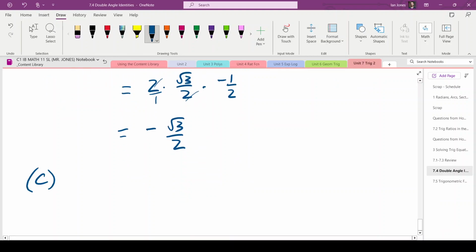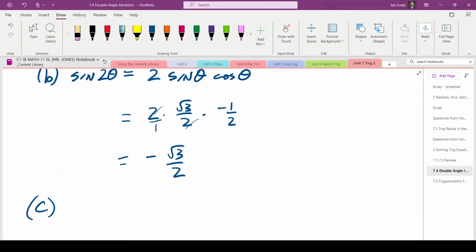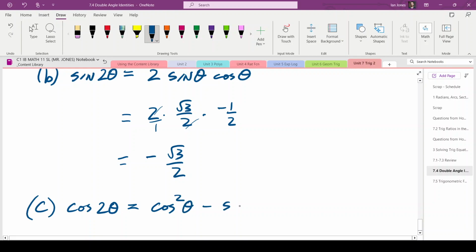C. Okay, so C is cosine of 2 theta. Now I'm going to use my identities for cosine. That's cosine theta squared minus sine theta squared.